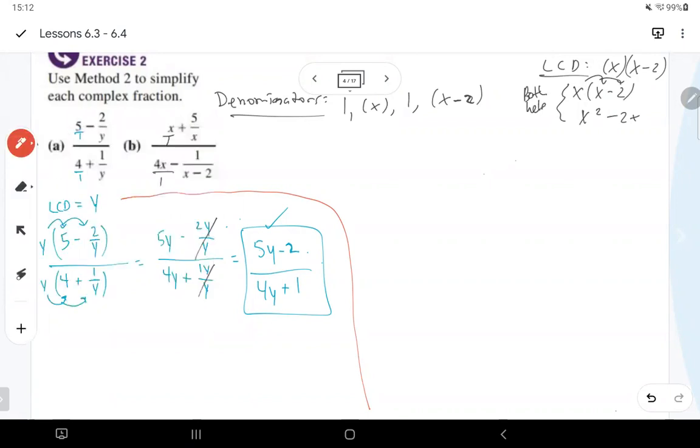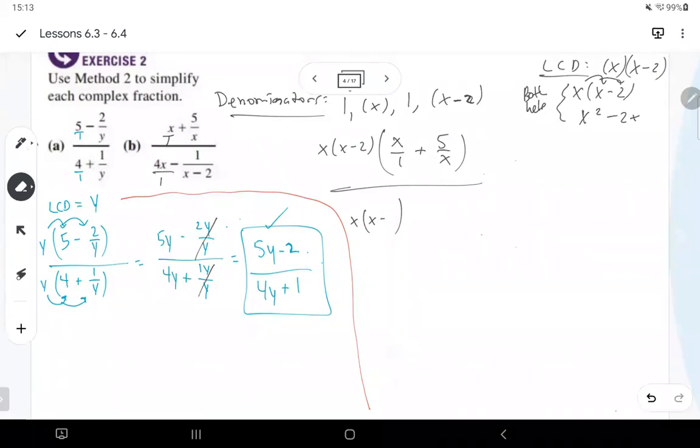So let's multiply by the LCD. Let's do x times x minus 2 times x over 1 plus 5 over x, and x times x minus 2 times 4x over 1 minus x over 2.